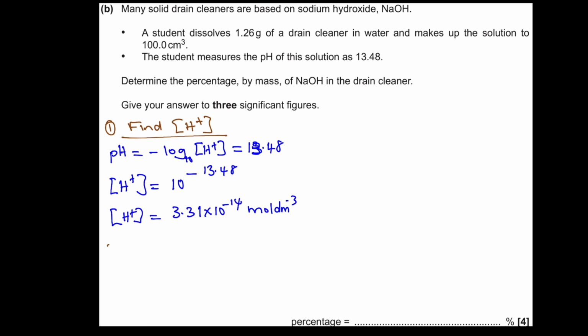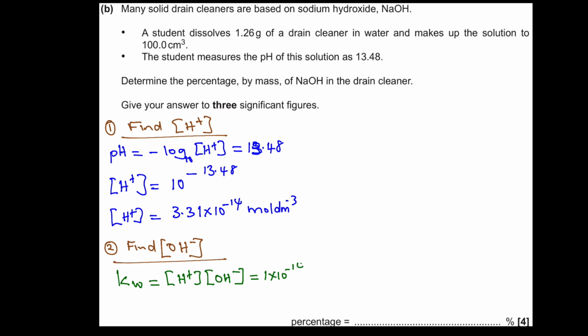Now number 2, we need to find the concentration of OH-. To find the concentration of OH-, we need to use Kw, which is the concentration of H+ times the concentration of OH-, and that equals 1 × 10^-14, which means that the concentration of OH- will be equal to Kw, 10^-14, divided by the concentration of H+.